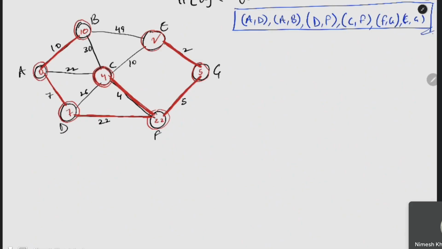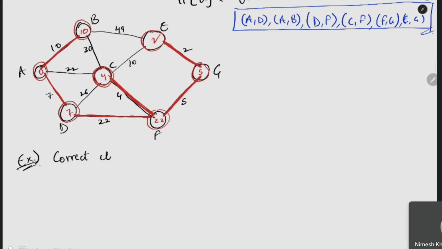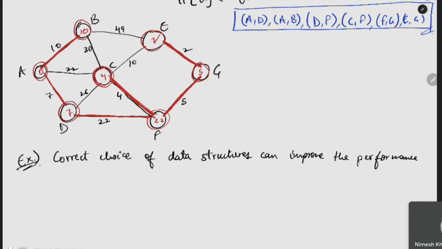Okay, let's now take another example. Correct choice of data structures can improve the performance of algorithms.